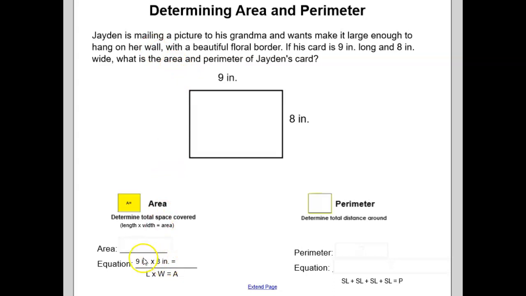What is the total area of Jaden's card? Yep, 72 square inches. Would you remember what you know about adding multiple addends to carefully add each side length to determine the perimeter? Yes, you added 9 plus 8 plus 9 plus 8, which you determined was 34 inches.